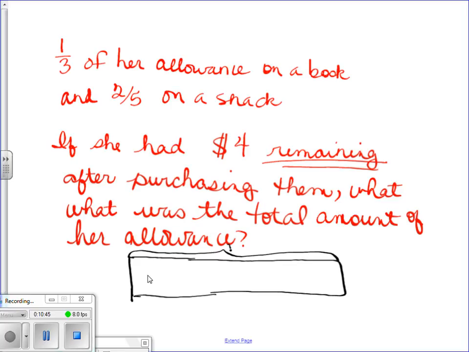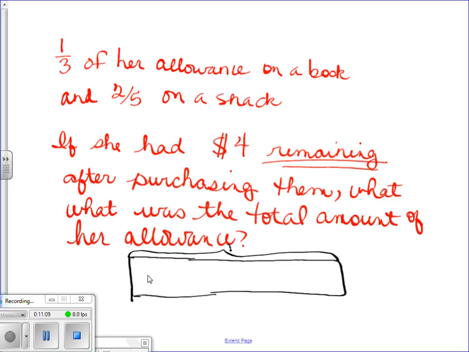Now, what I'm trying to figure out right here is how am I going to split up my tape diagram? How can I separate that into parts? How can I separate that into pieces to where it can make some kind of sense? What can I do with it?